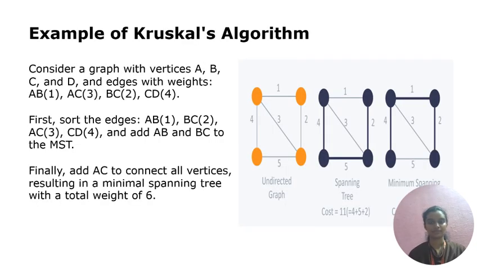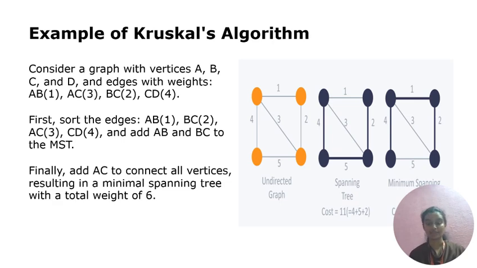The example of Kruskal's algorithm. Consider a graph with the vertices A, B, C and D, and the edge weights: the edge weight of AB is 1, the edge weight of AC is 3, the edge weight of BC is 2, the edge weight of CD is 4. First of all, sort the edges, that is AB of 1, BC of 2, AC of 3 and CD of 4, and add AB and BC to the minimal spanning tree.